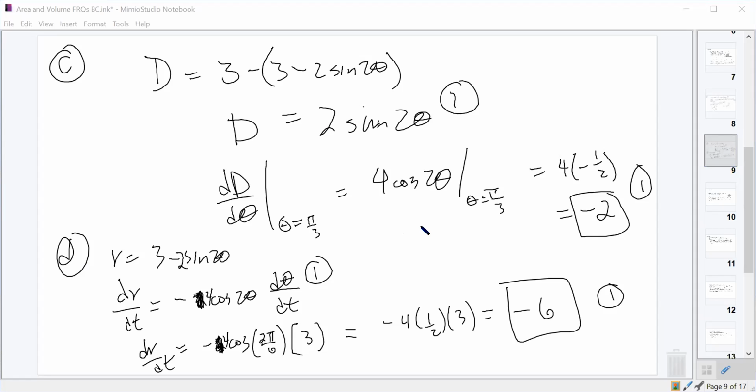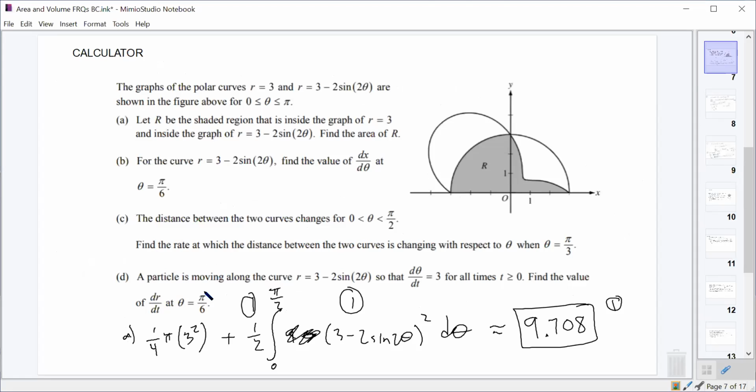We're not asking for the slope of the tangent line in any of it. We just want to know how is the r value, the distance from the origin to the function itself, changing with respect to time. And so you can just take your r equals whatever theta equation and differentiate with respect to t. It's just like a related rate question. Just like what you and Aiden were missing, related rates.